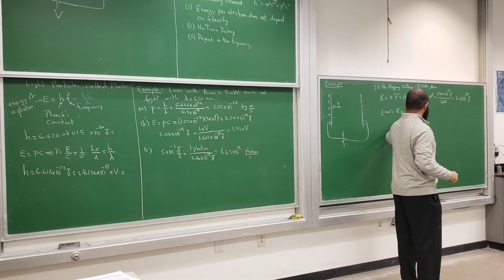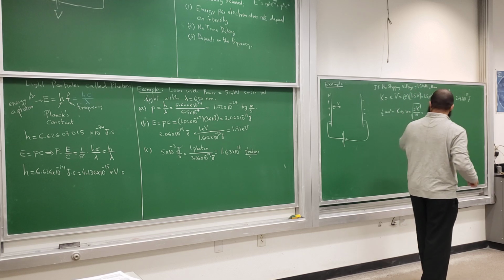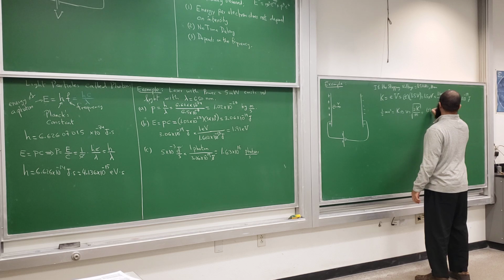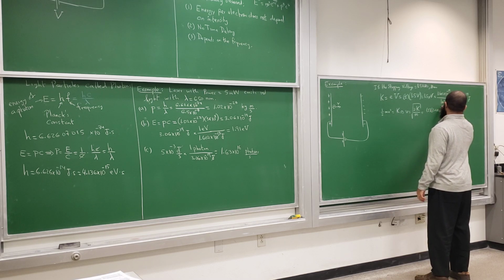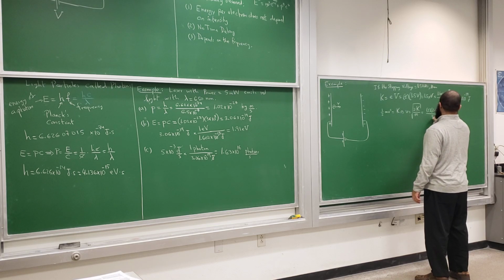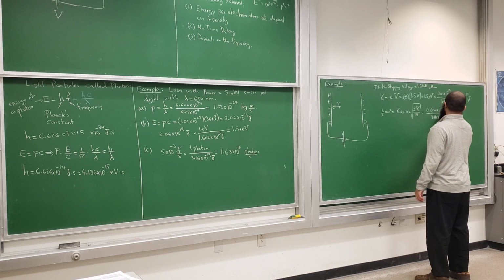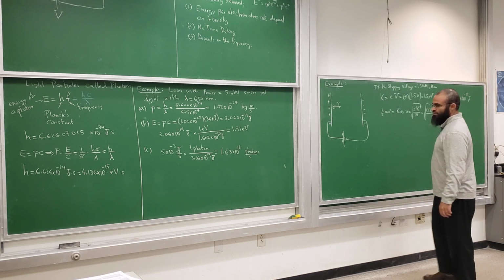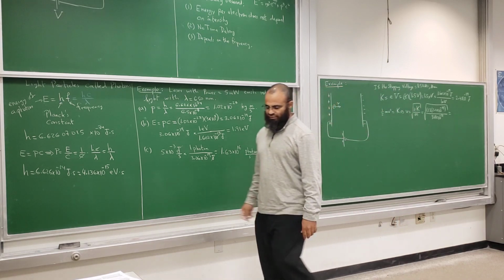By the way, this little v is the speed, okay? Not the potential difference. You get 2, and then 2.4 times 10 to the minus 19. Everything should be SI units. So joules, mass. And you take the square root of this. Let's find their speed.